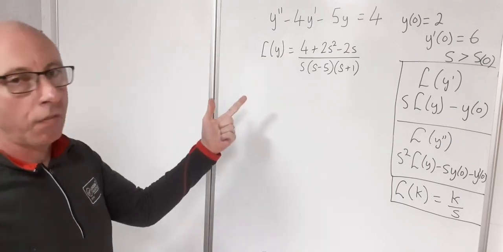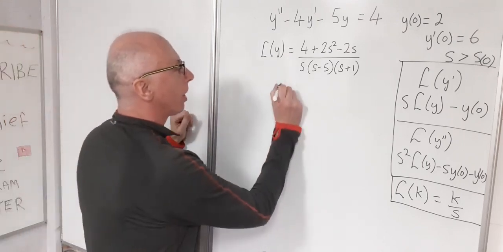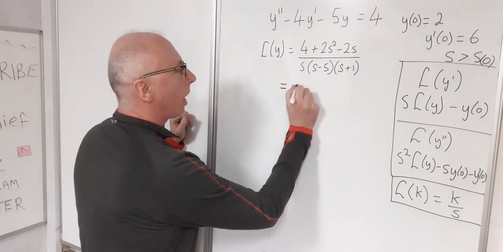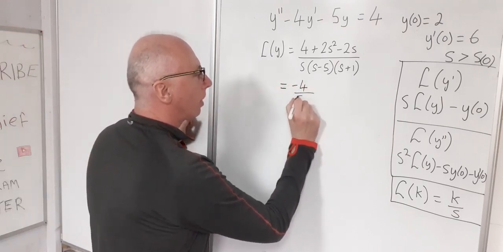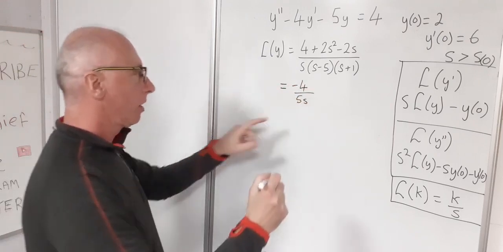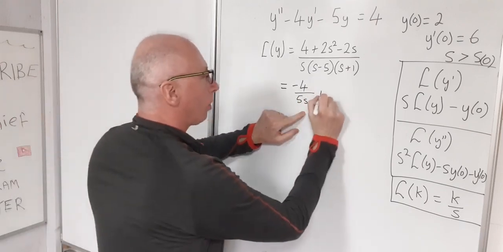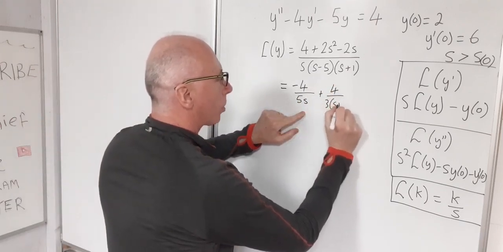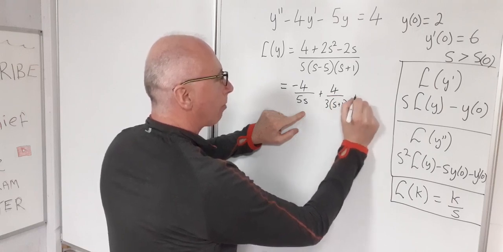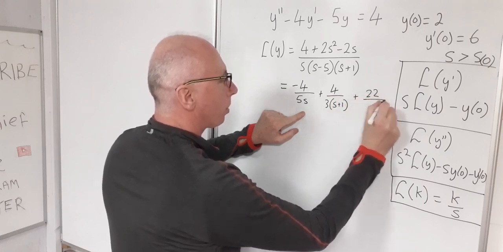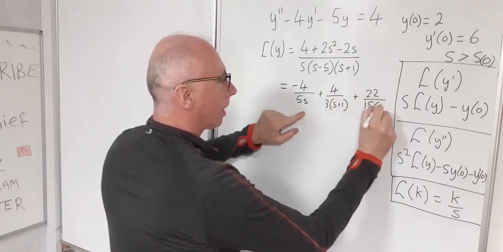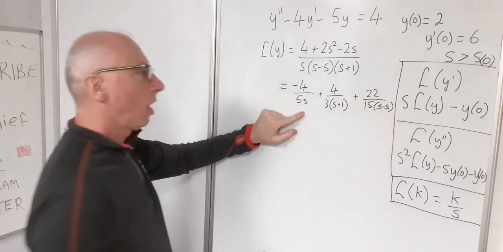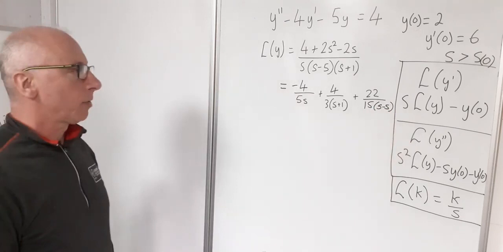So the result of that partial fraction decomposition gave us minus 4 over 5s, so that's the first part, plus 4 over 3 times s plus 1, and then plus 22 over 15 times s minus 5. Okay, that's what our result was.